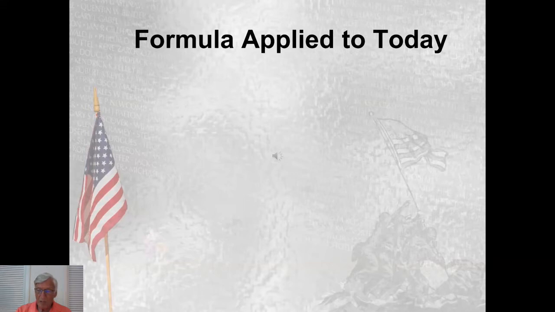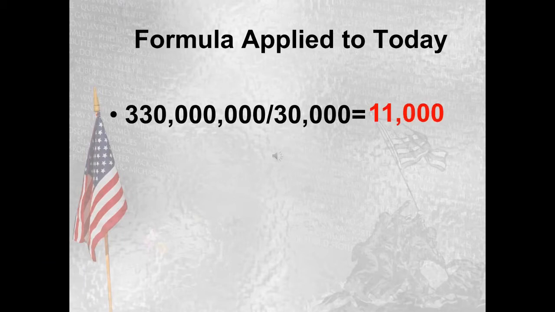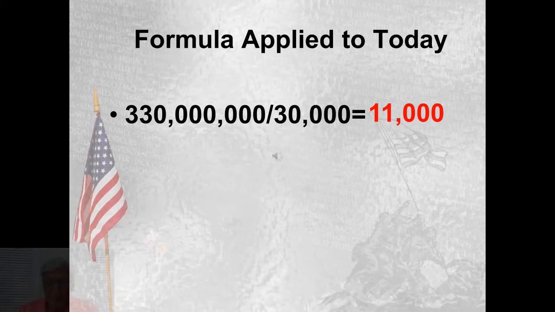Now, that formula applied today would mean that our approximately 330 million people divided by 30,000 would yield 11,000 people in the House of Representatives.